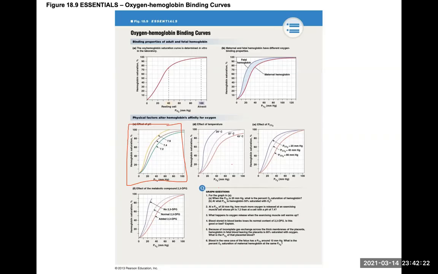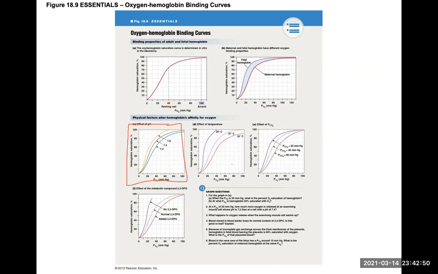An increase specifically in temperature, partial pressure of CO2, and 2,3-DPG would cause the pH to go down. So all three of these go up, pH goes down. That would shift the curve to the right in the dissociation curve, meaning that it's easier to release.